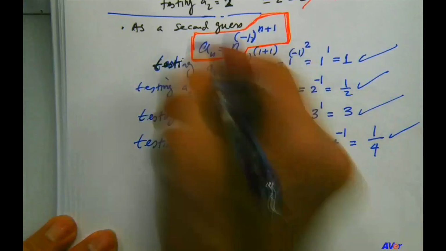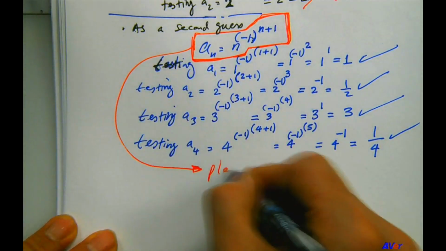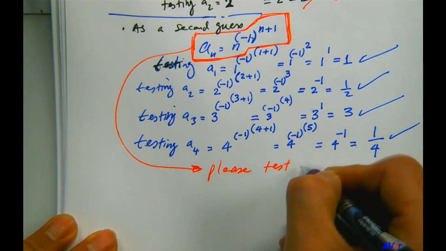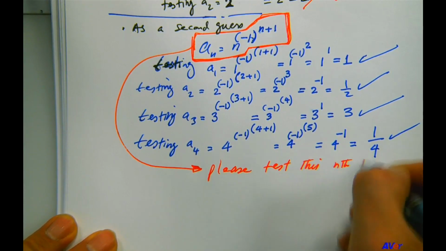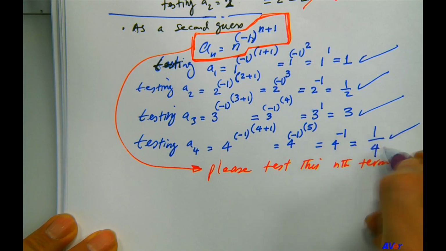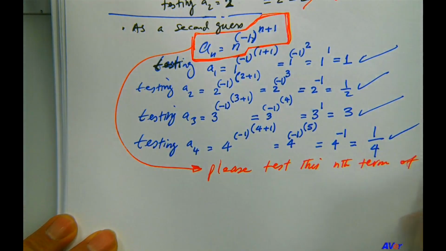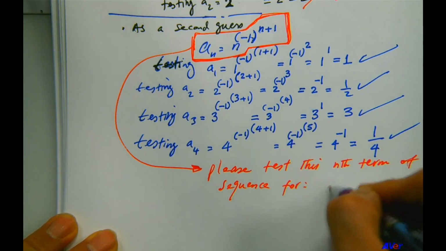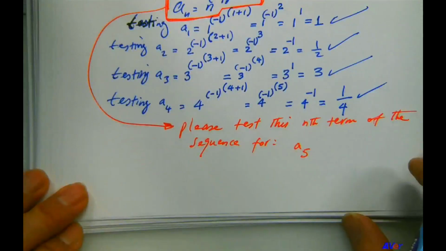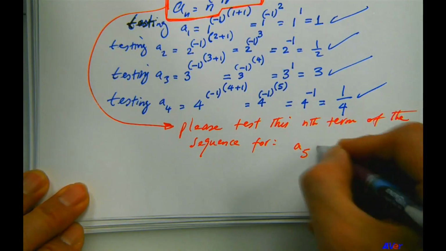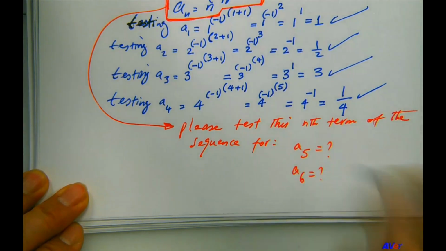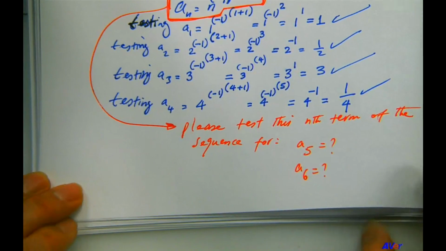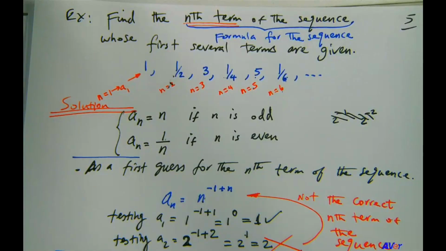So please test this nth term of the sequence for A5 and A6. Just verify it on your own and see if you get 5 and 1/6. Okay? All right.